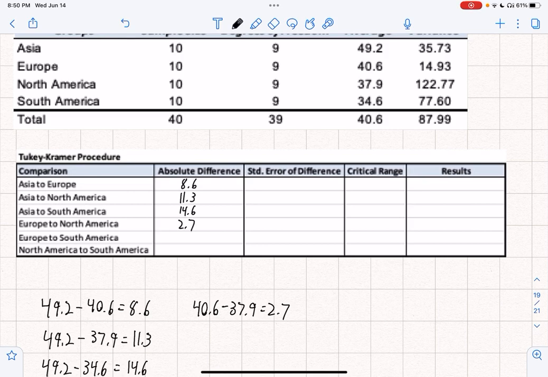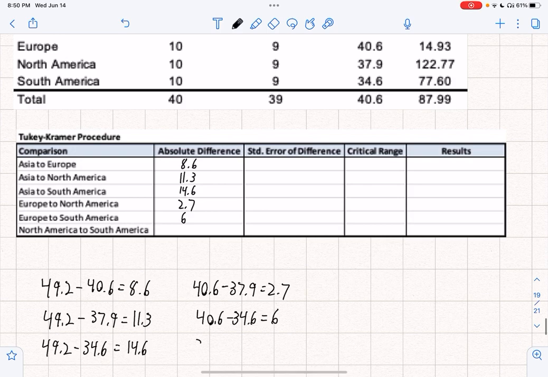And then Europe to South America, so 40.6 minus 34.6, that's 6. And then finally North America to South America, so 37.9 minus 34.6 is 3.3.